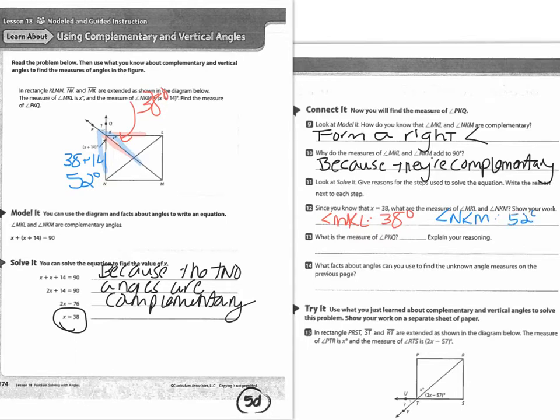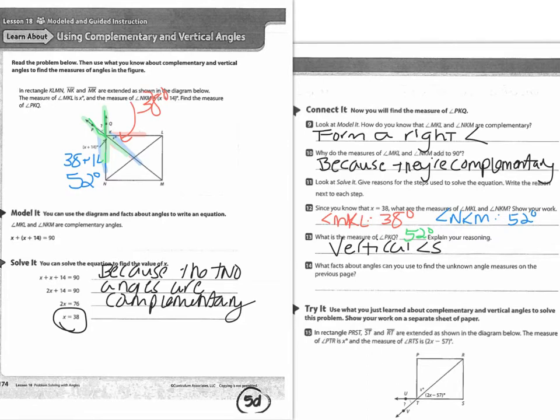So they ask us to find the measure of PKQ. Well, PKQ is a vertical angle, and it's vertical to angle MKN, which we know is 52 degrees, so angle PKQ must also be 52 degrees because they are vertical angles, and vertical angles are congruent.